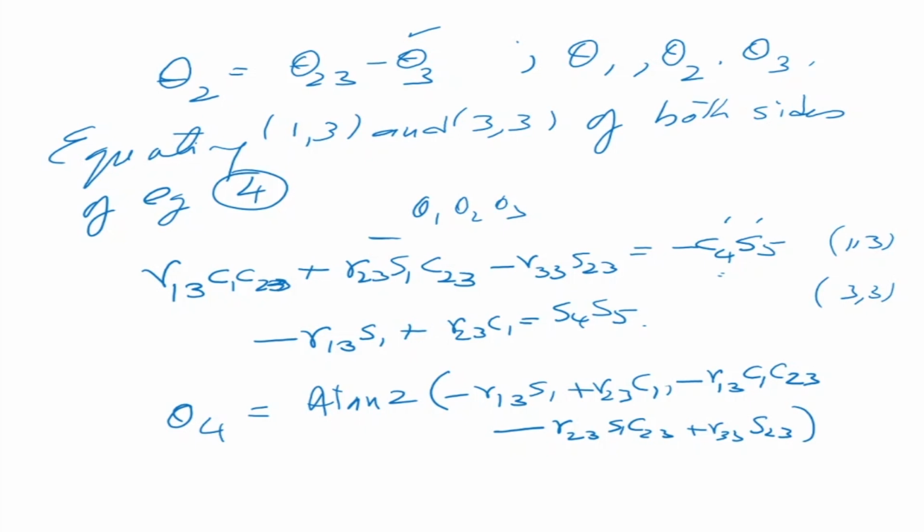Okay, so this is what we get as theta 4. So once we have got theta 4, we have finished with theta 1, theta 2, theta 3 and theta 4.